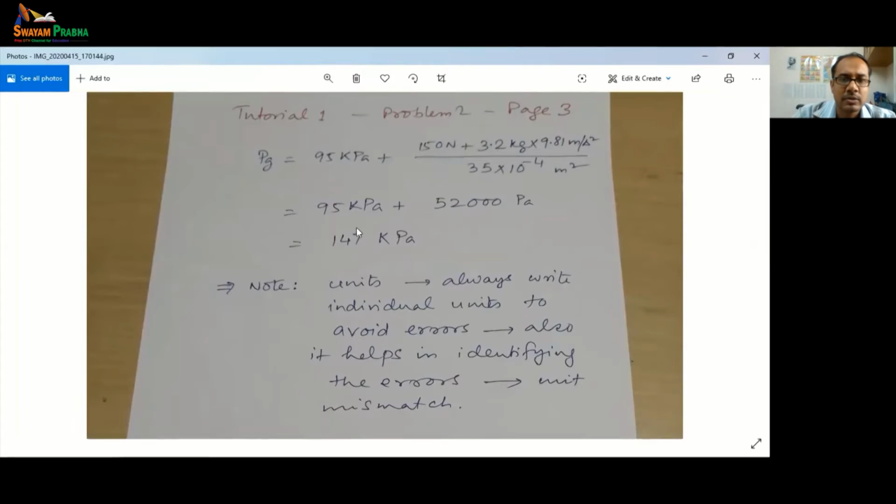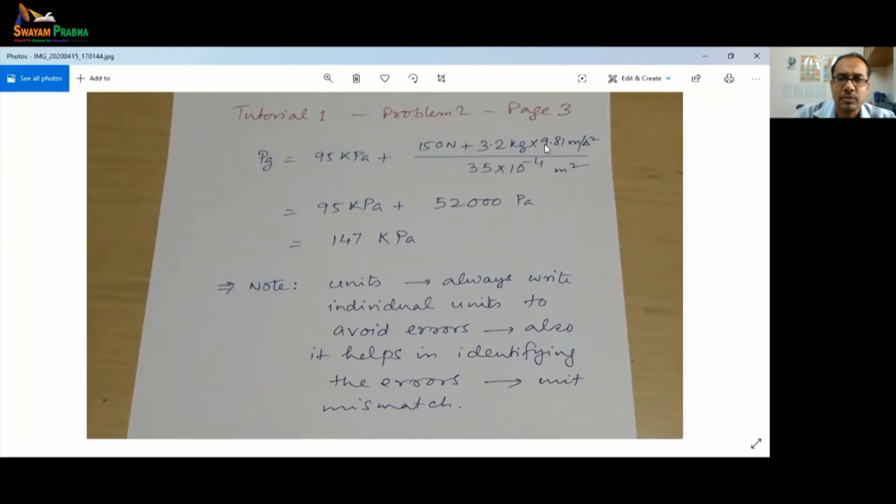Again, we have just input the numbers that are given: atmospheric pressure is 95 kPa, plus force due to spring is 150 Newton, and the weight, where 3.2 kg is the mass and 9.81 meter per second square is the acceleration due to gravity, g.